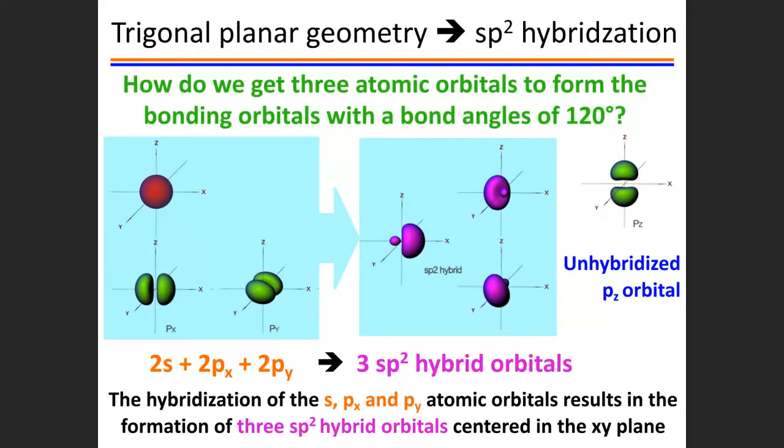So this is how we can find the 3 sp2. So the s and 2p orbitals will combine and make 3 sp2 hybrid orbitals. Here we could see how it works: px, py, and this is the x. You see, this is how they are combining, and finally they are making it.